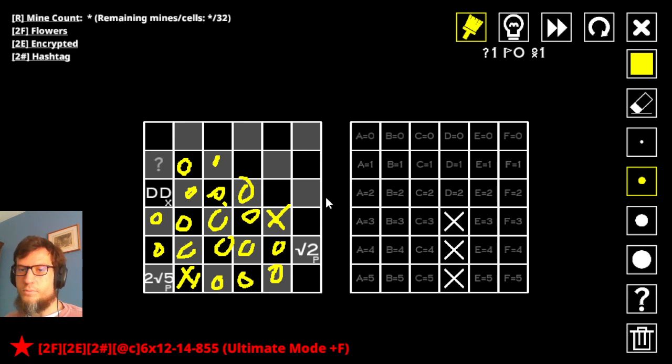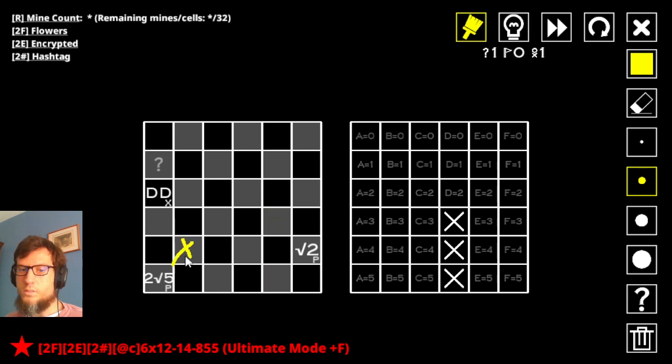Yeah, no, that seems possible. But you know what isn't? I think it's this. Because if we have a root 2 here, that means the thing I need to multiply that by to get to root 5 is the square root of 10. But this guy needs a buddy. And the closest thing it has is the square root of 5, which is not far enough away. And so that's not allowed.